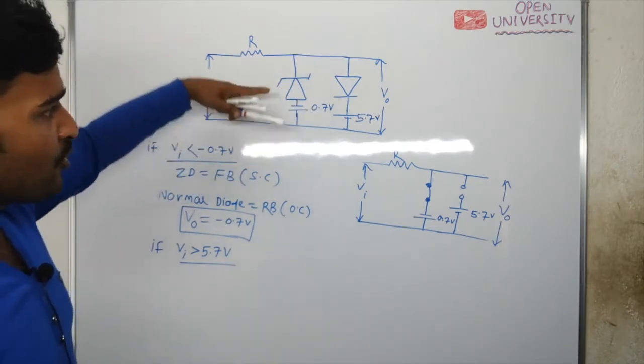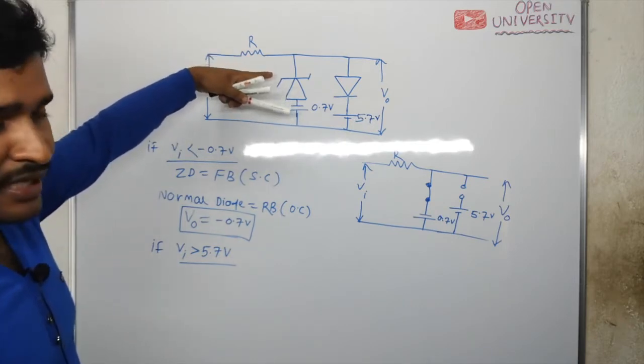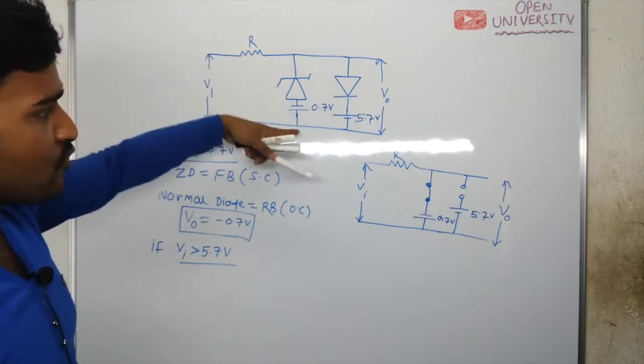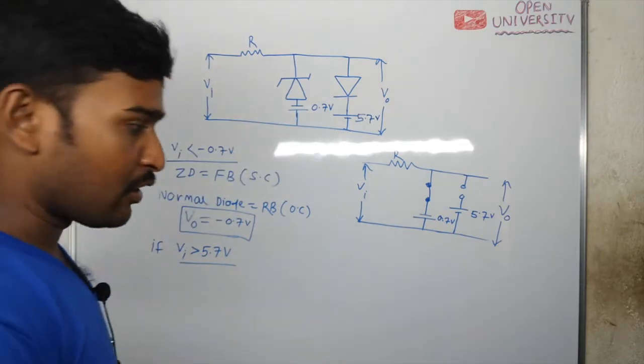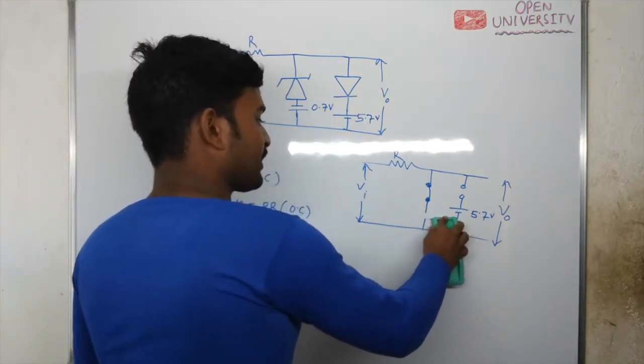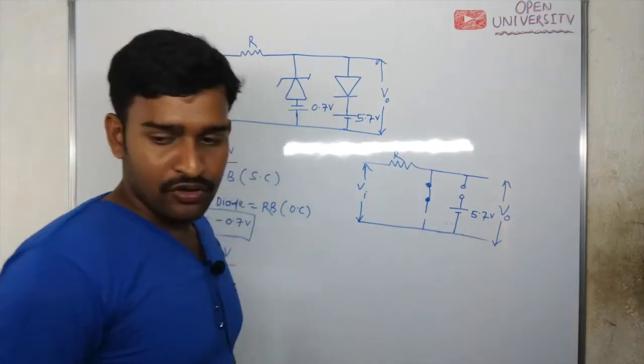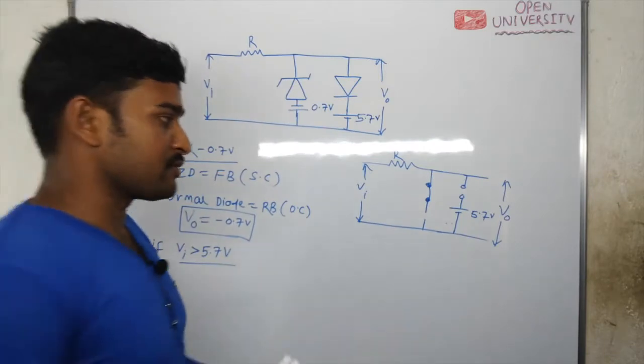When you apply positive voltage, the zener diode becomes reverse biased, and in that case we will not consider the cut-in voltage. Cut-in voltage will be considered only if the diode is forward biased. Now my zener diode is reverse biased, so I will not consider its cut-in voltage.